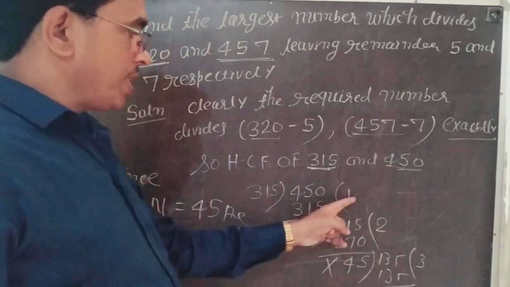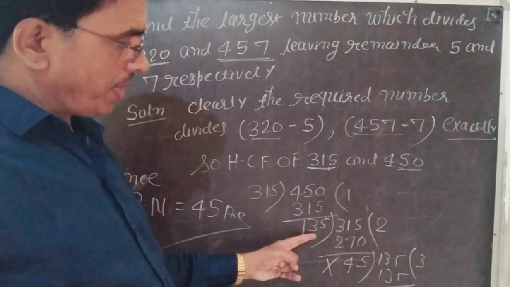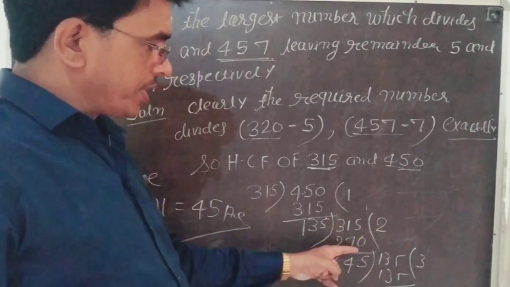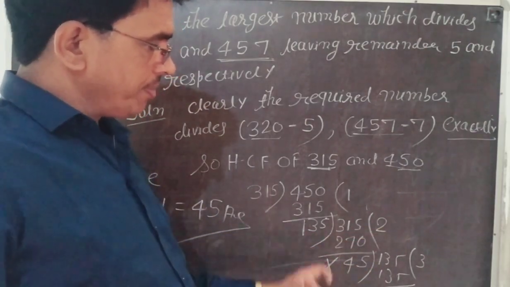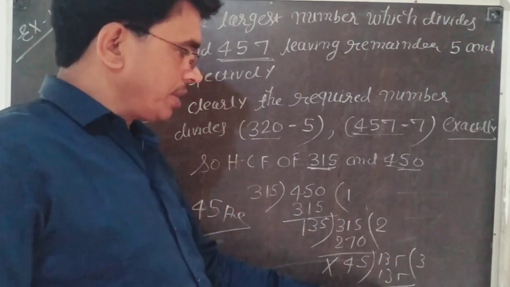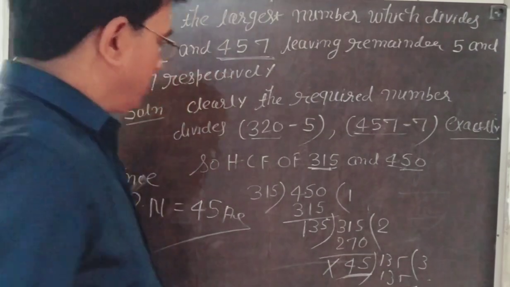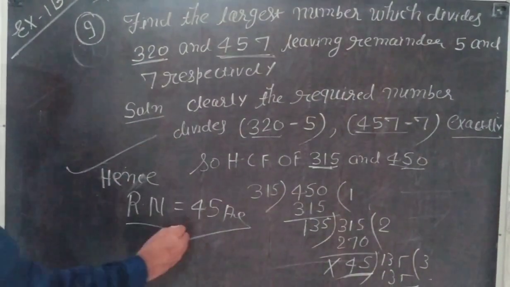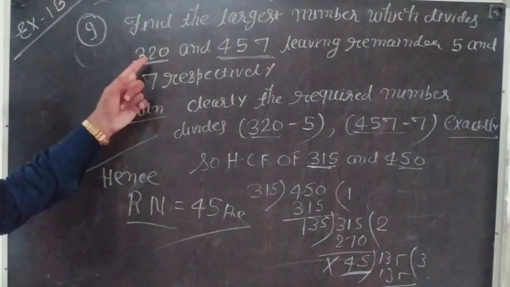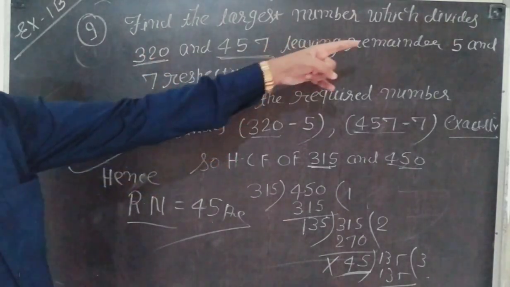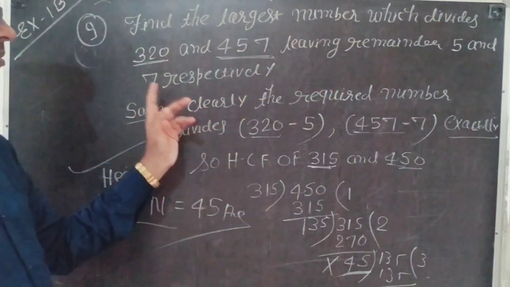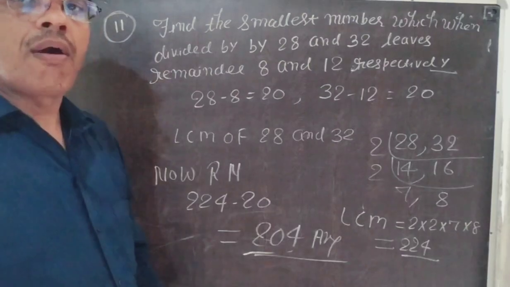First 315 goes in once, you get 135; 135 goes in 2 times, you get 270, that is 45, then 45 divides exactly 3 times. So 45 is the HCF, hence the required number is 45, then we divide 320 and get remainder 5, and 457 and get remainder 7.